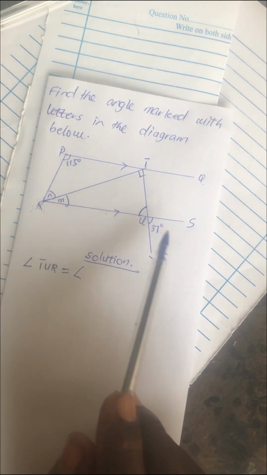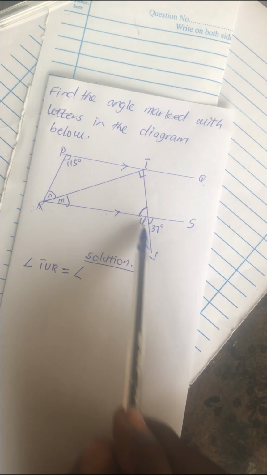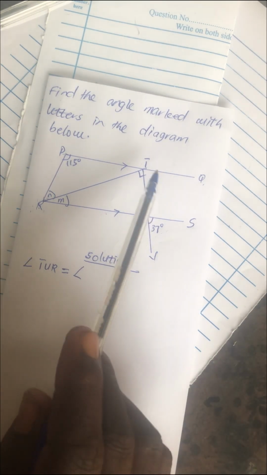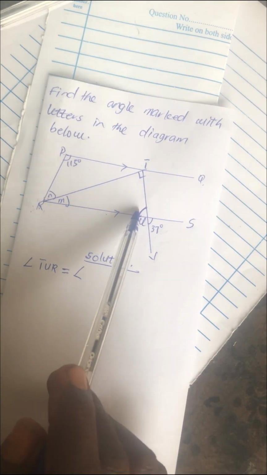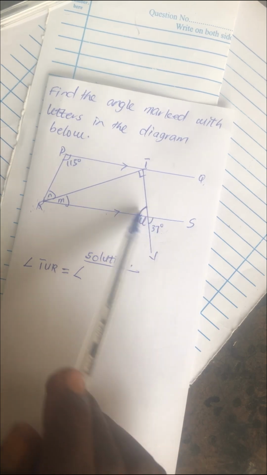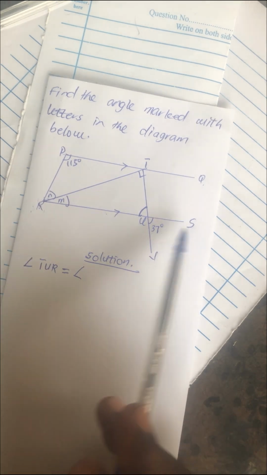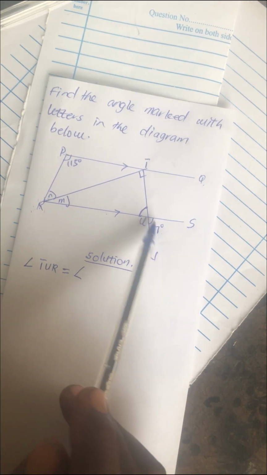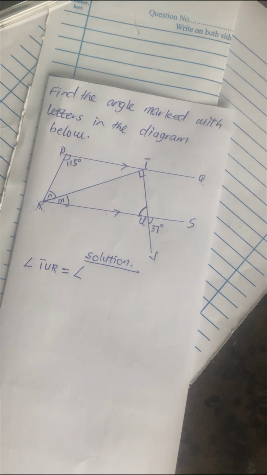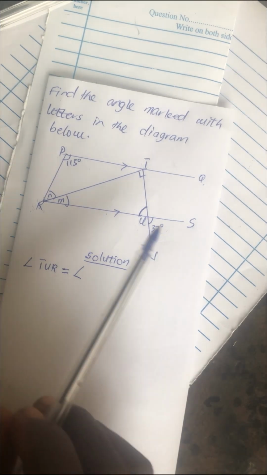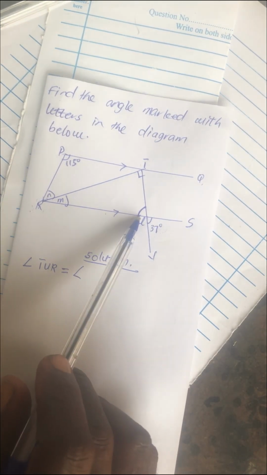Now from angle SUV and then angle TUR, the two angles facing each other directly. When these two lines TV and RS meet at U, the two angles facing each other directly give rise to vertically opposite angles.